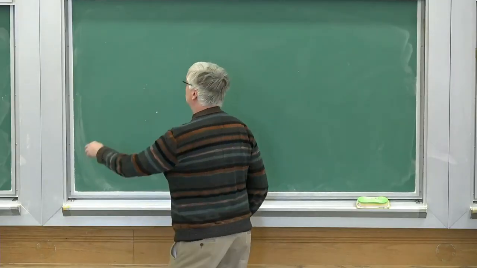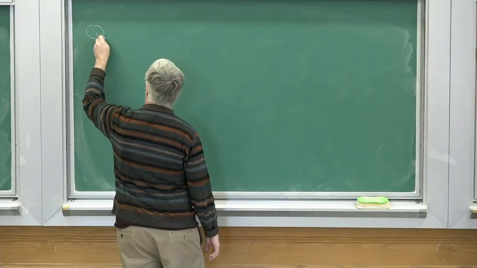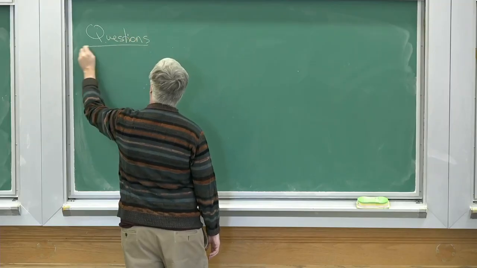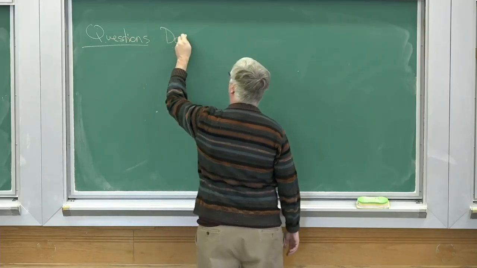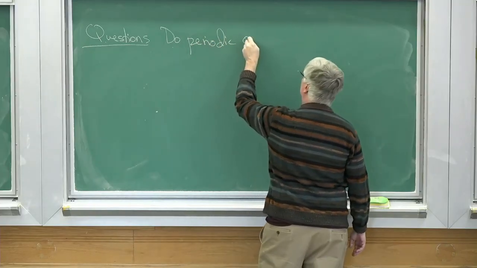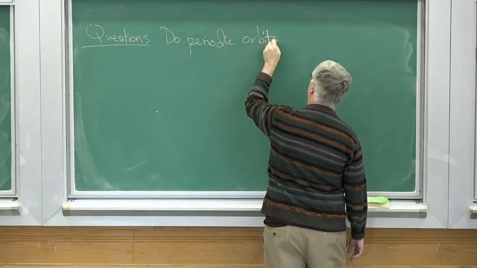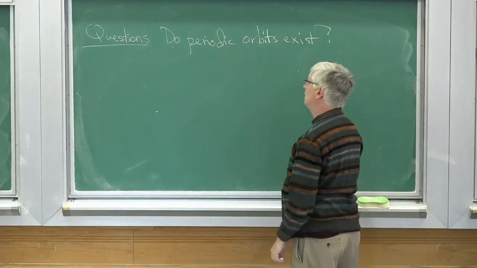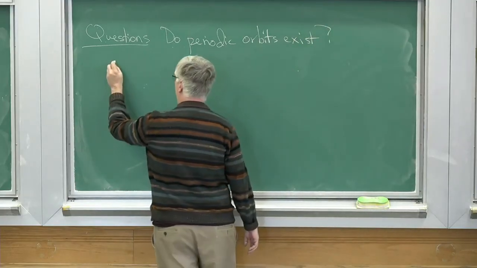So then, some basic questions. Do periodic orbits exist? And if so, what are their properties?